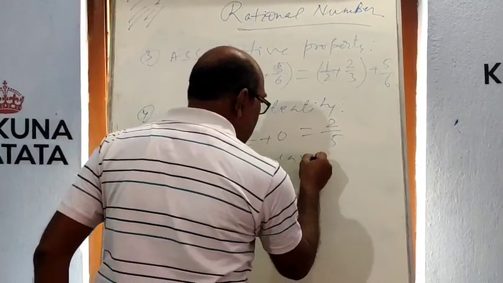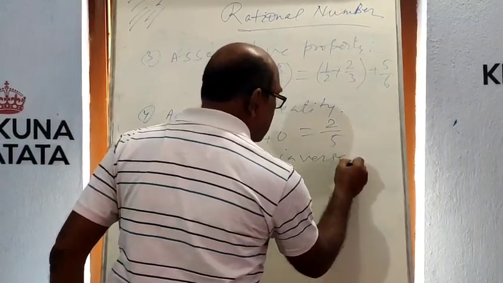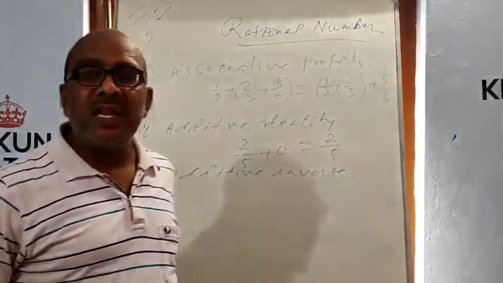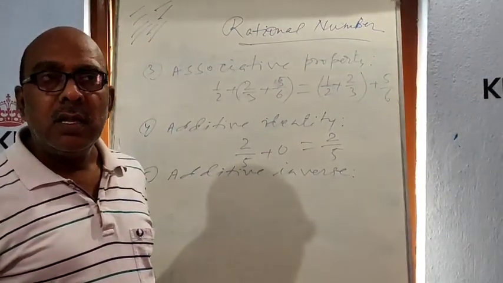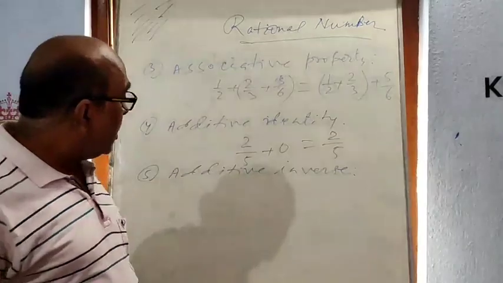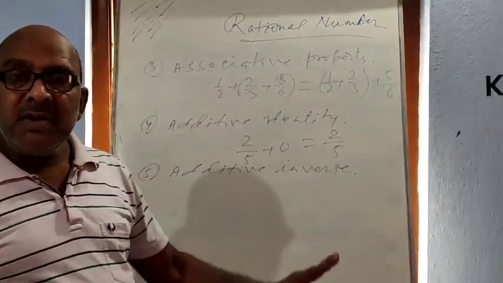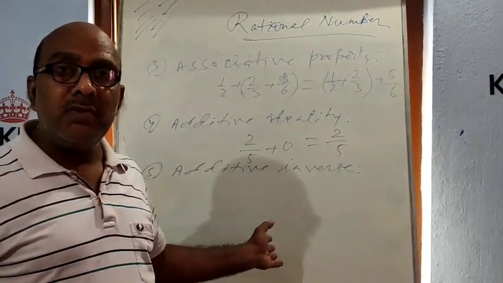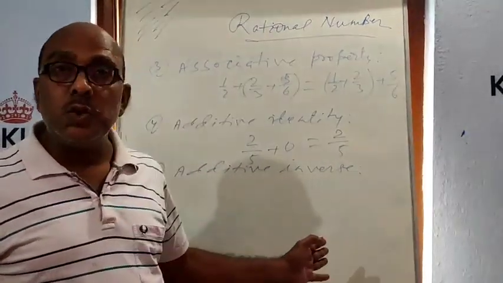For example, additive inverse of 2 by 3 is minus 2 by 3. How? Since additive inverse of a rational number, when added to this number, gives 0.